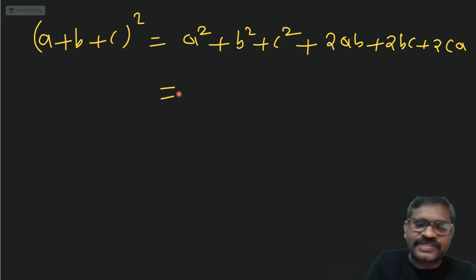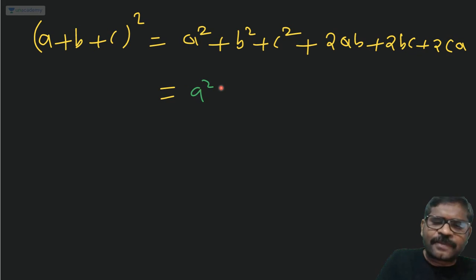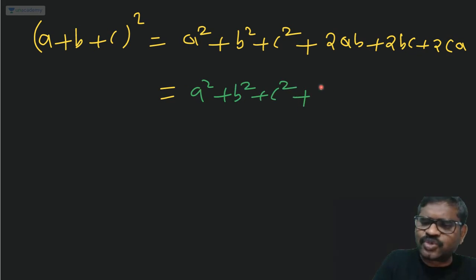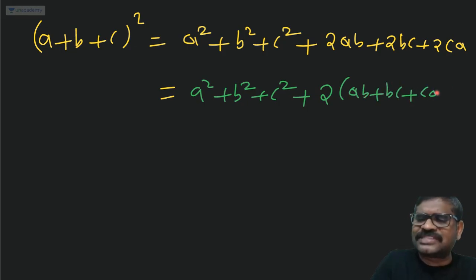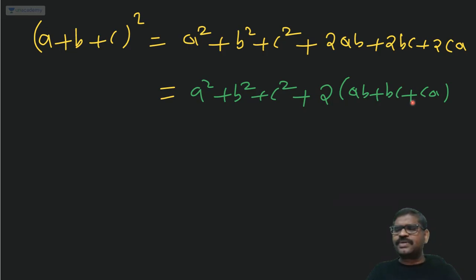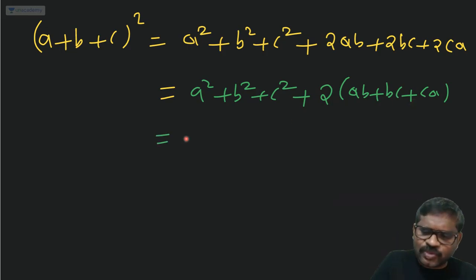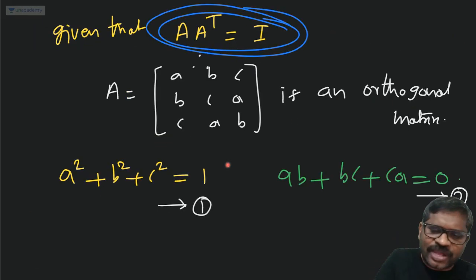From this, a square plus b square plus c square plus 2 of ab plus bc plus ca. Now a square plus b square plus c square equal to 1.